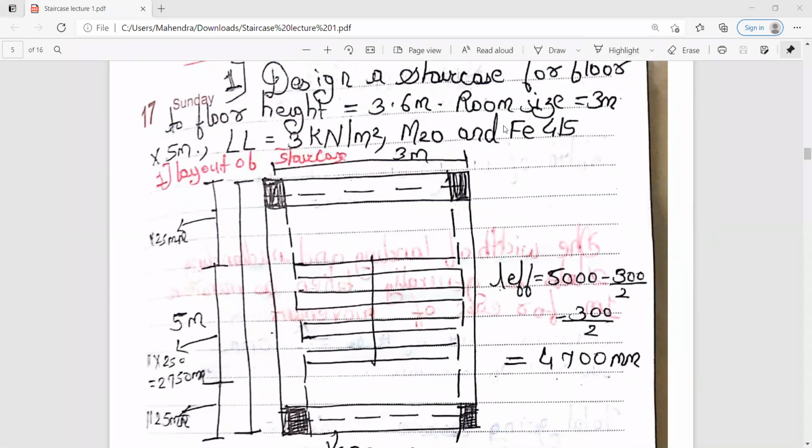Rename yourself with your proper name. After completing the question and the diagram, let me know so that we can proceed further.